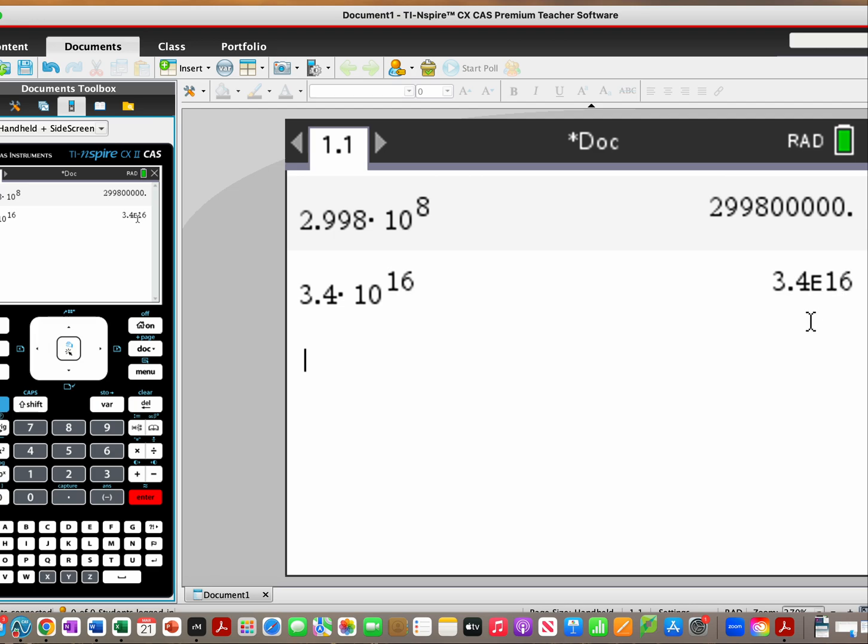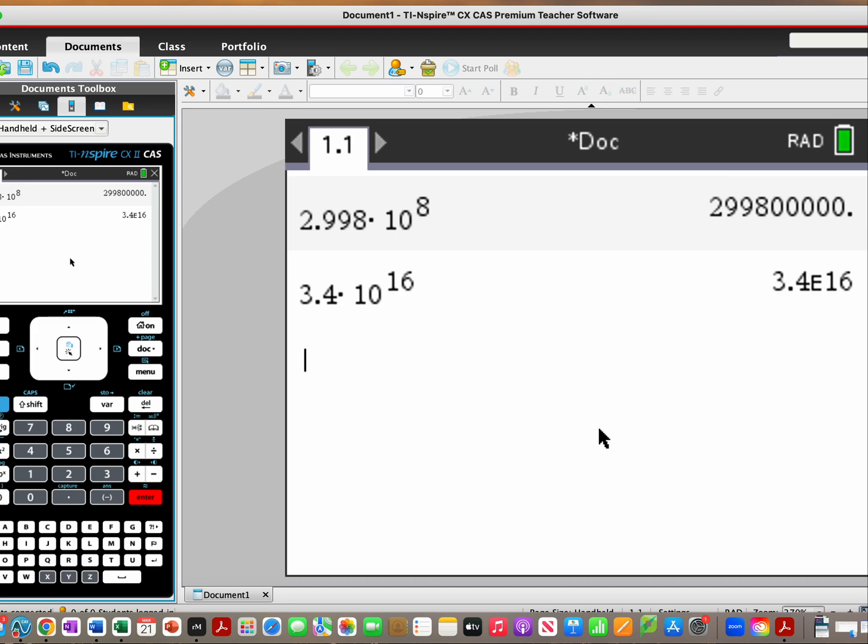That E, especially a capital E that looks like that, means 3.4 times 10 to the power of 16. So just remember, if your calculator gives you a capital E value like that, the E stands for times 10 to that power.